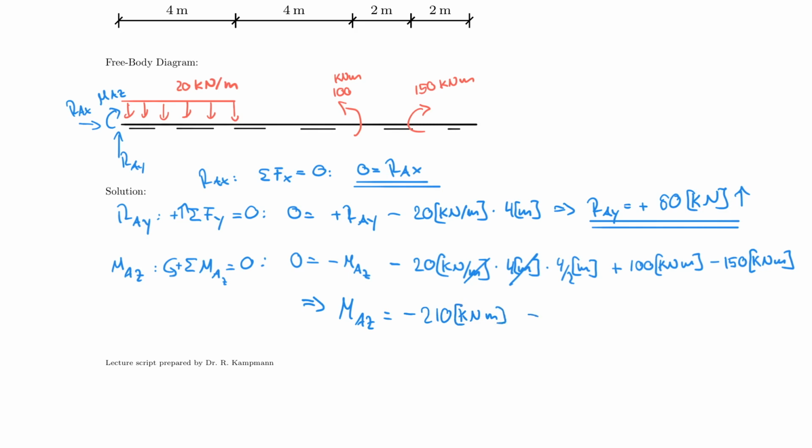So in other words, my MA about Z is actually 210 kilonewton meter, and that rotates counterclockwise, right? So counterclockwise or this way around. And that is my true answer here.